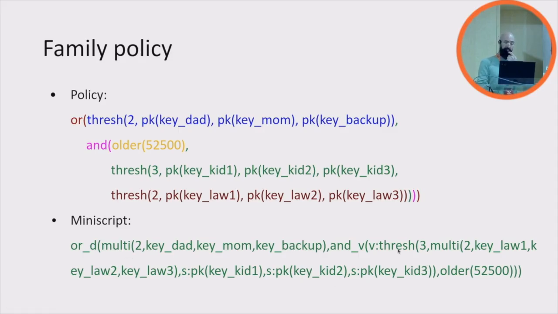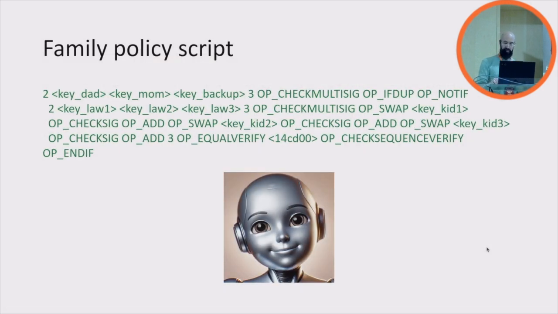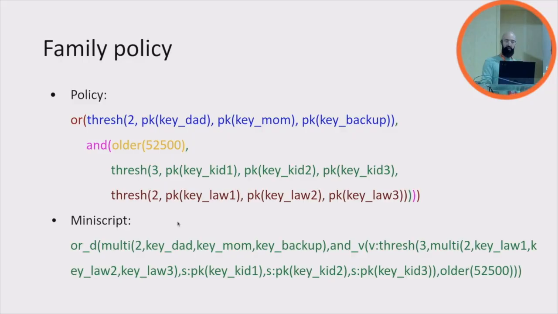Well, oh sorry, I mixed the opposite. If you're using a simple multisig without any time lock, it will just use the multi keyword. But if we're using something that involves another policy, like for example a time lock, it will use thresh.